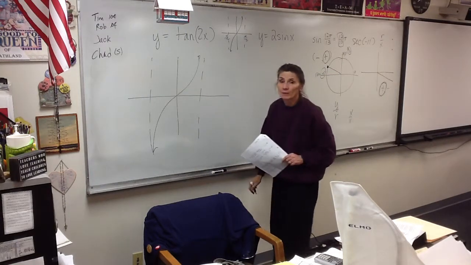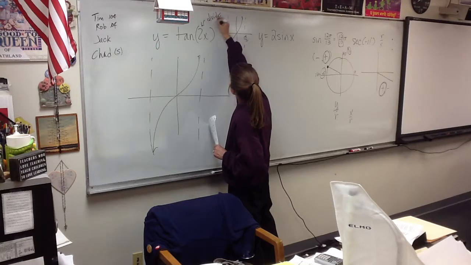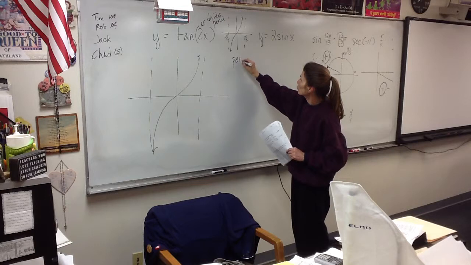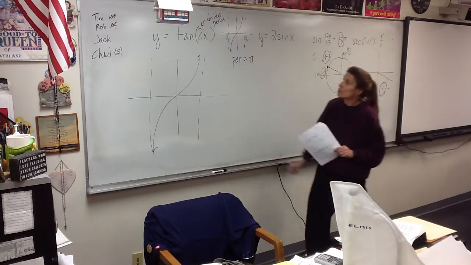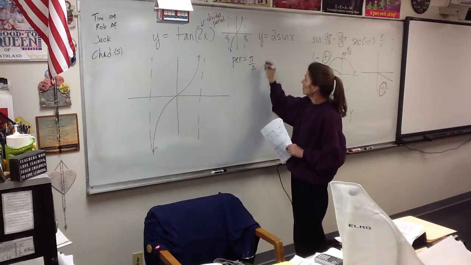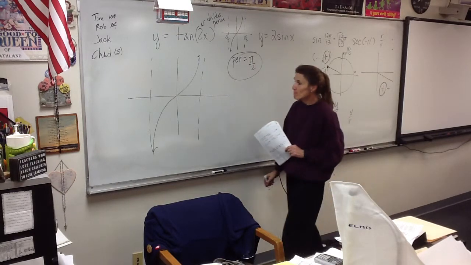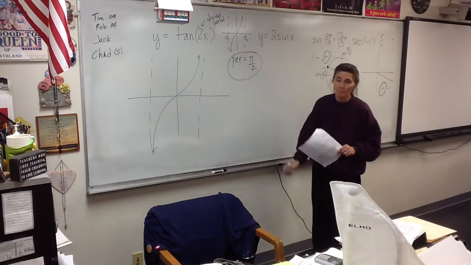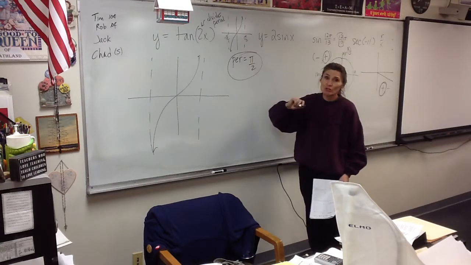The coefficient on x is 2. That number divides the period. The period of the regular tangent is pi. So this period will be pi over 2. That means the labels get divided by 2. Everything horizontally gets divided by 2.